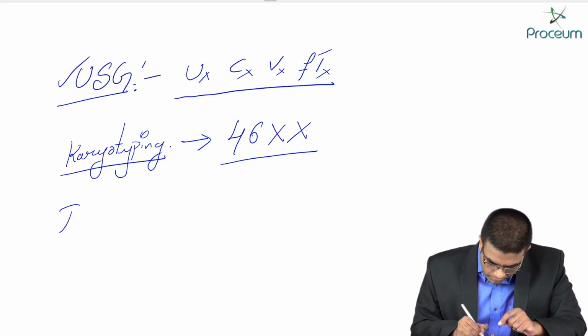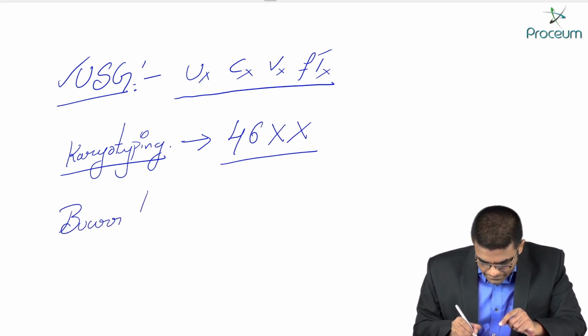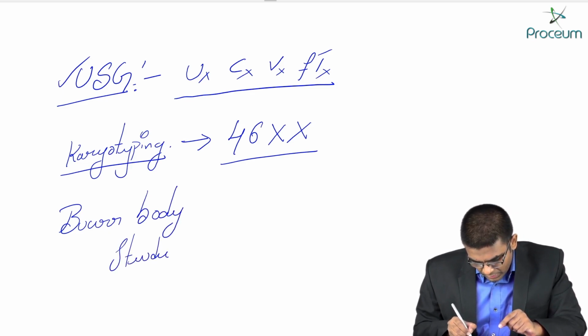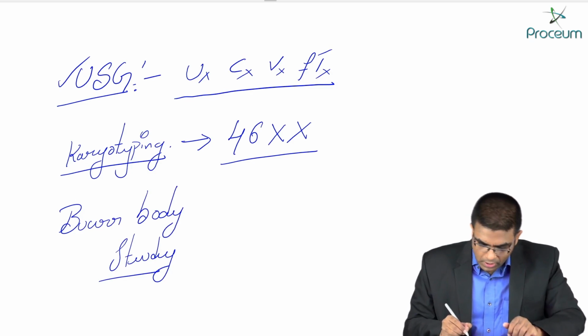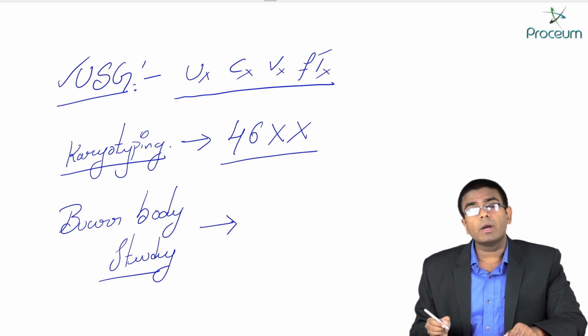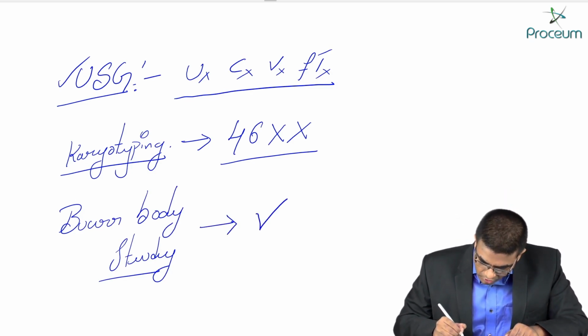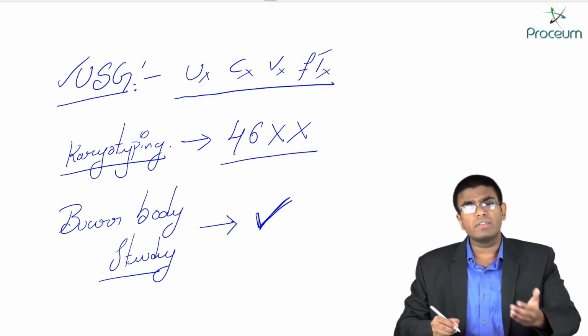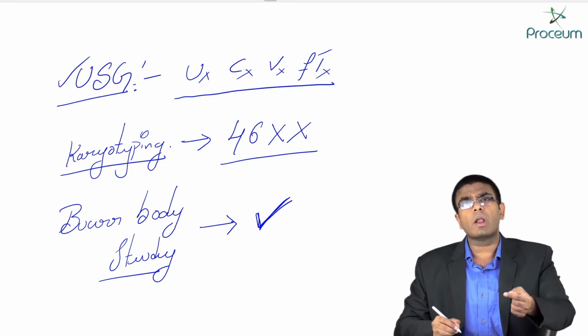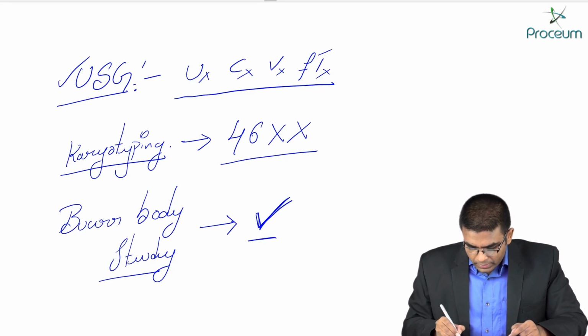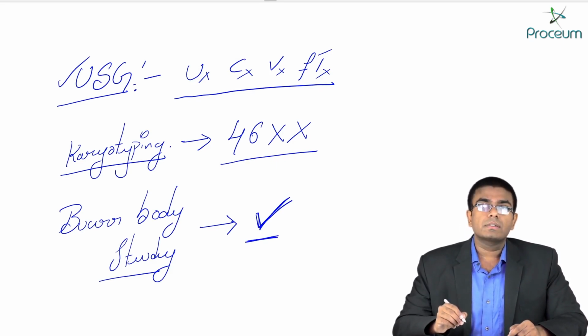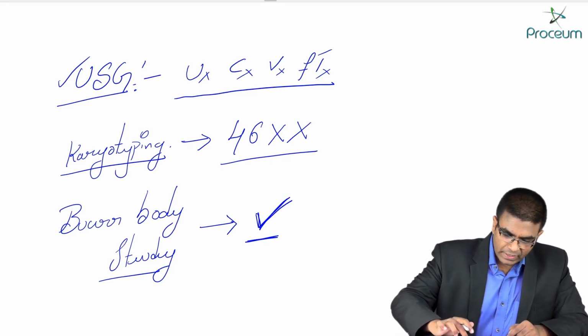Now if I do a Barr body study, is there presence of a Barr body or not? Yes, there is a Barr body. Why? Because she is a female. Usual females have one Barr body. Now, let's see some other important MCQs.